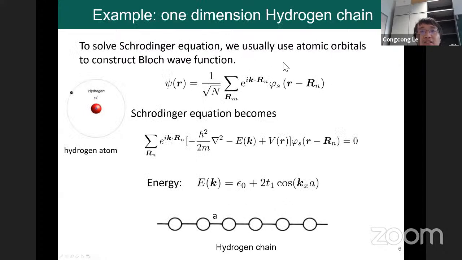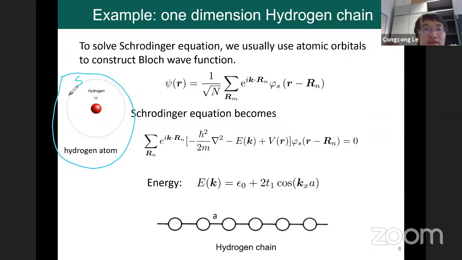The first example is about a one-dimensional hydrogen chain. This is a simple case because here there are hydrogen atoms. So in this case, there is only one electron, and the electron is in the s orbital.